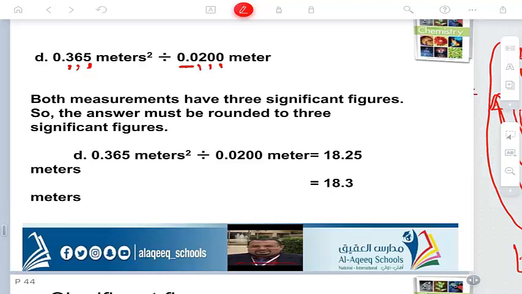But the process gives me 4 digits here. We have to round it into the form of 3 significant figures only. So round these 2 into 3 because beside it is 5. So 18.3 is the correct answer for this problem.